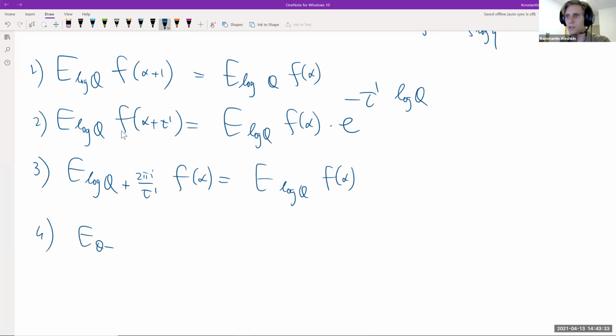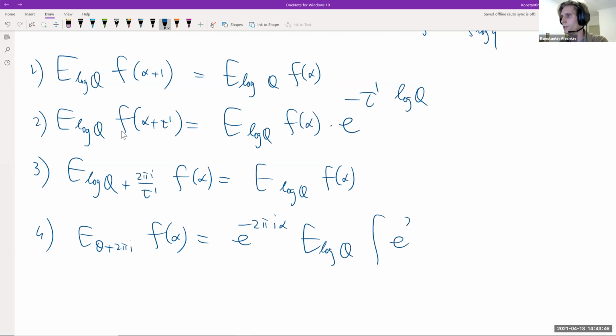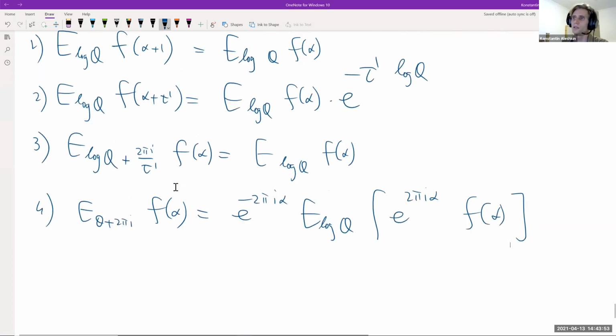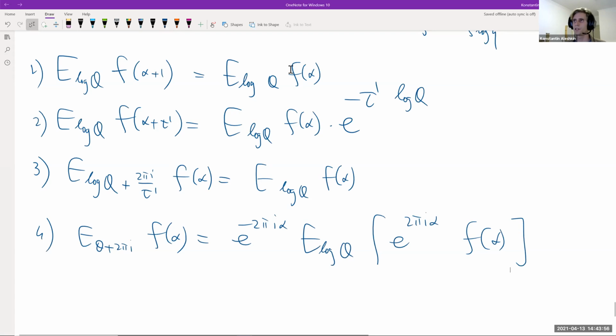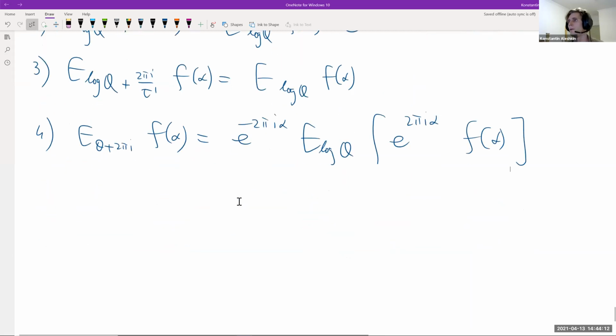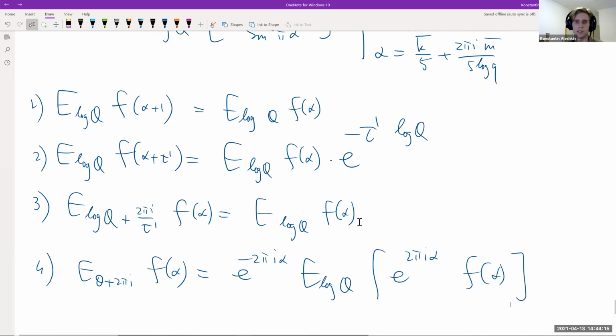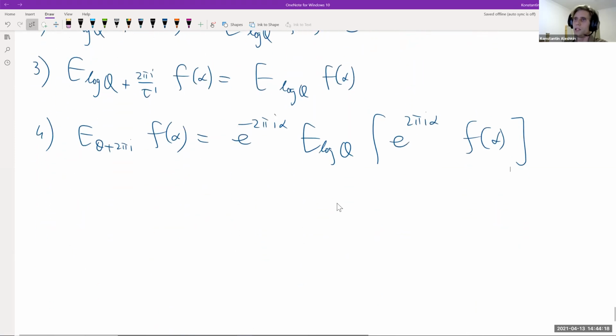And finally, the most interesting one is this one. Here there is some conjugation by this e to the 2 pi i alpha. In other words, you can think about an elliptic curve with coordinate alpha and an elliptic curve with coordinate log q, and each of the elliptic curves has two periods: 1 and tau prime here, and then 2 pi i and 2 pi i over tau prime. Those are dual elliptic curves. And this expression has the following transformation properties.